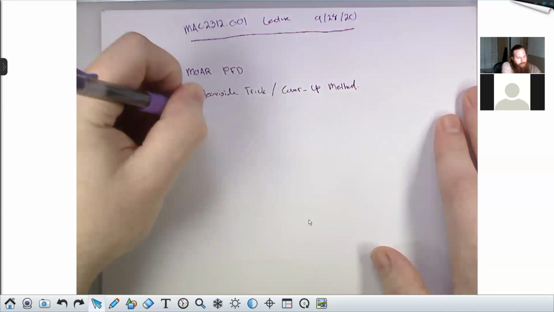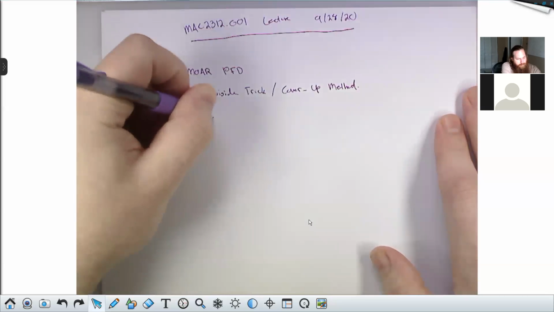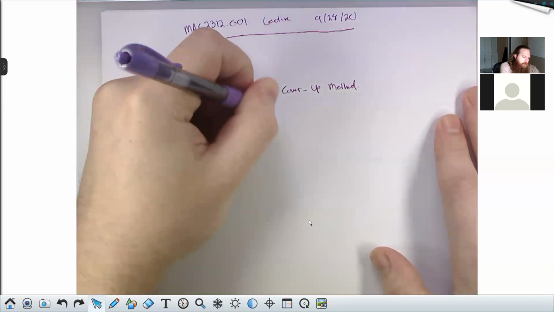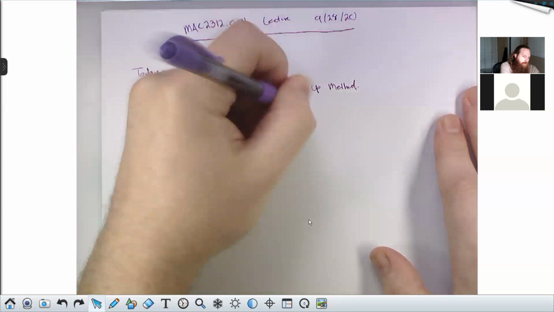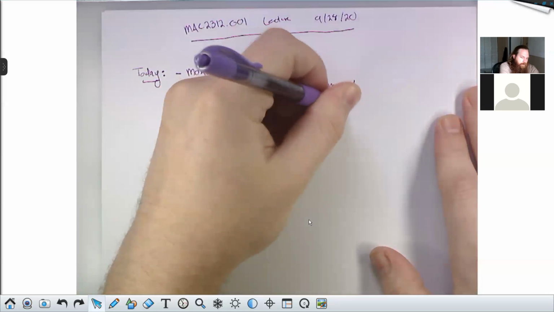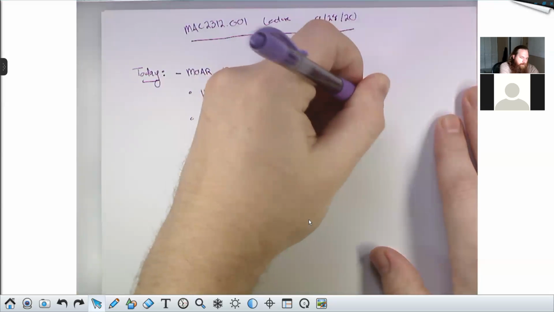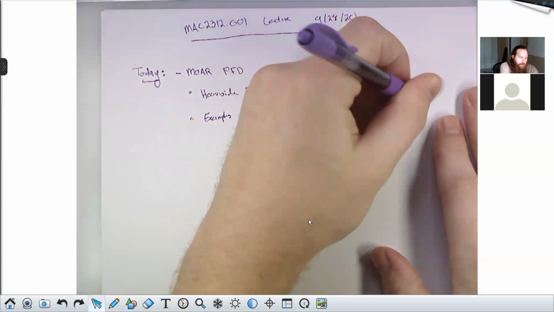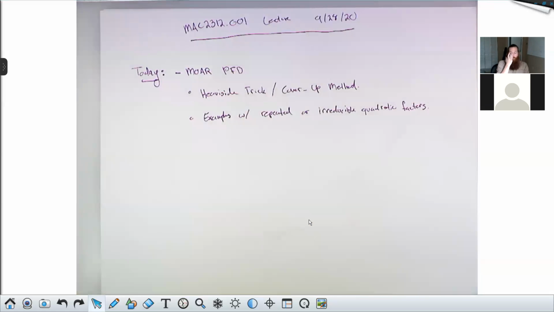We're going to look at a few examples with repeated factors, or irreducible quadratic factors. Unfortunately, these problems do take a little while, and I think that's about all we'll have time for.